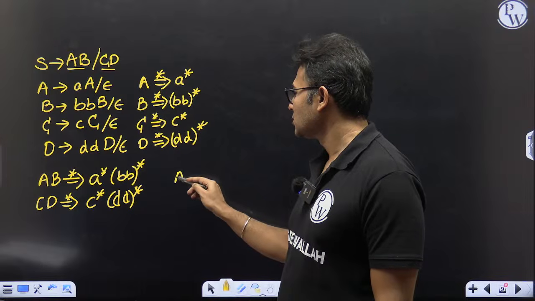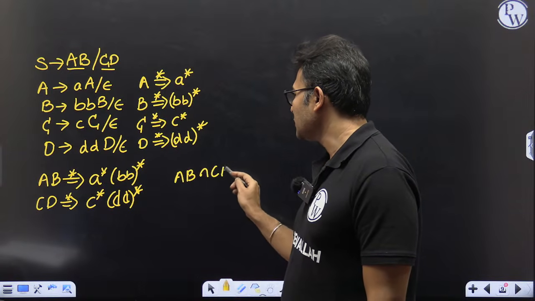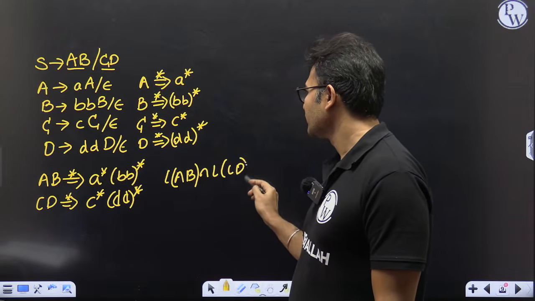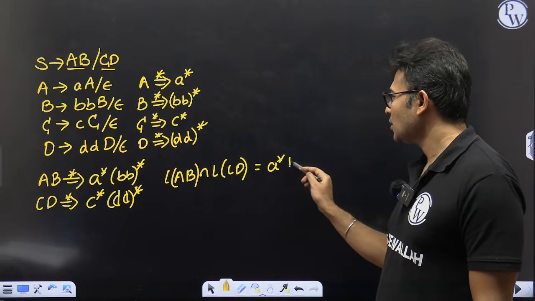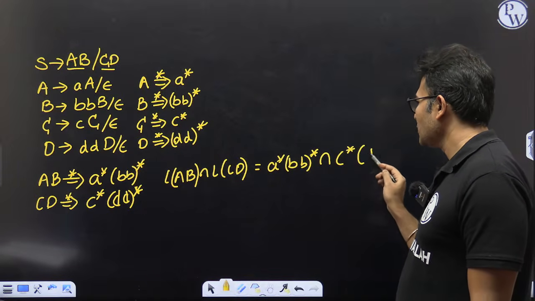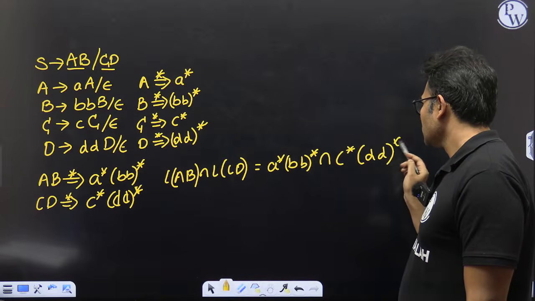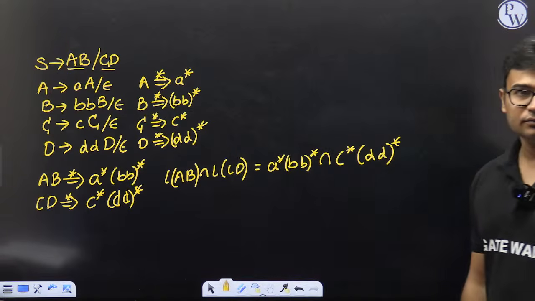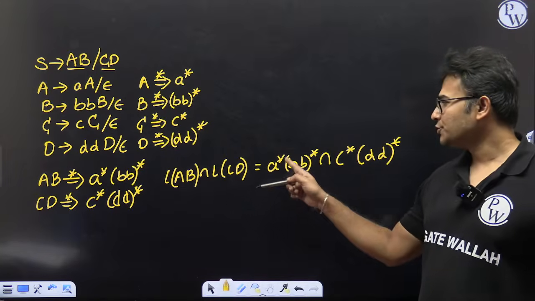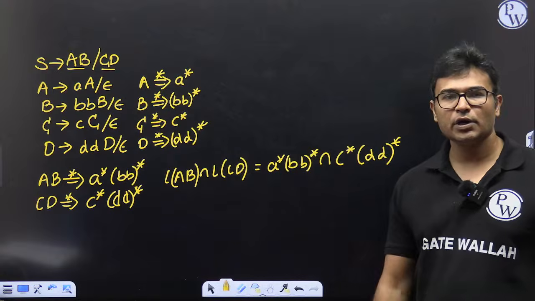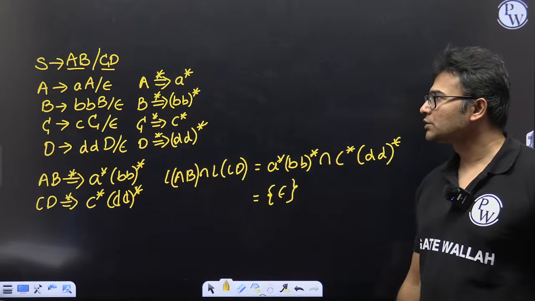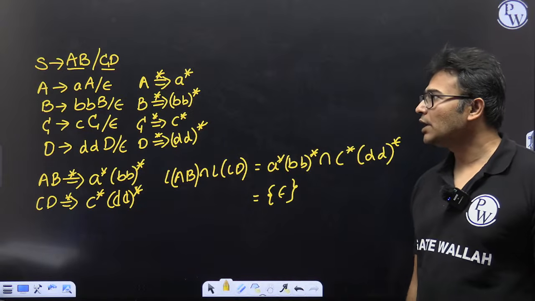L of AB intersection L of CD is A star BB star intersection C star DD star. Do you find any intersection between these two? If I put 0 here, 0 here, 0 here, 0 here, I'm going to get epsilon, right? So epsilon is the intersection, which means by AB and by CD, epsilon can be generated.